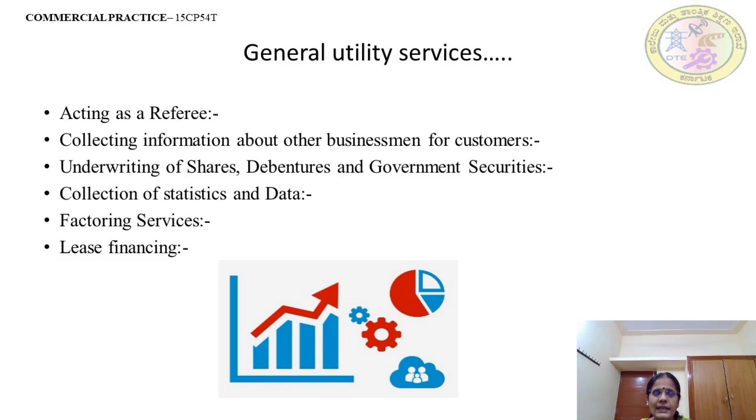First, keeping safe custody of valuables. Secondly, dealing in foreign exchange business. Thirdly, issuing traveller's letter of credit, traveller's checks and circular notes. The fourth very important service is acting as a referee.